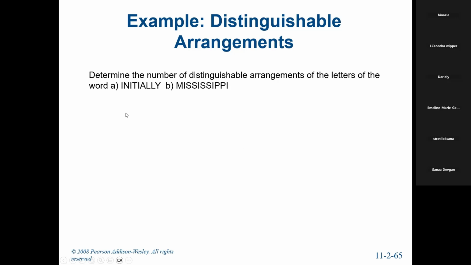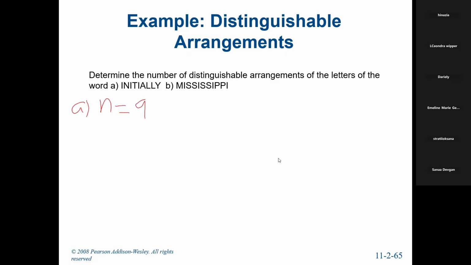Yes. Okay. You see the first one, part A. You see the word initially, right? How many letters do you have in this word? Nine. Are you sure it's 8? How many letters do you have in initially? 9, right? So the total number here, let's put n equals 9.